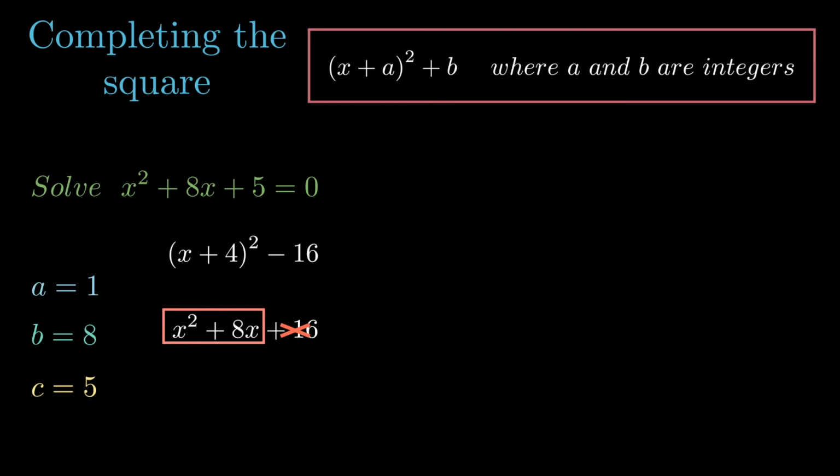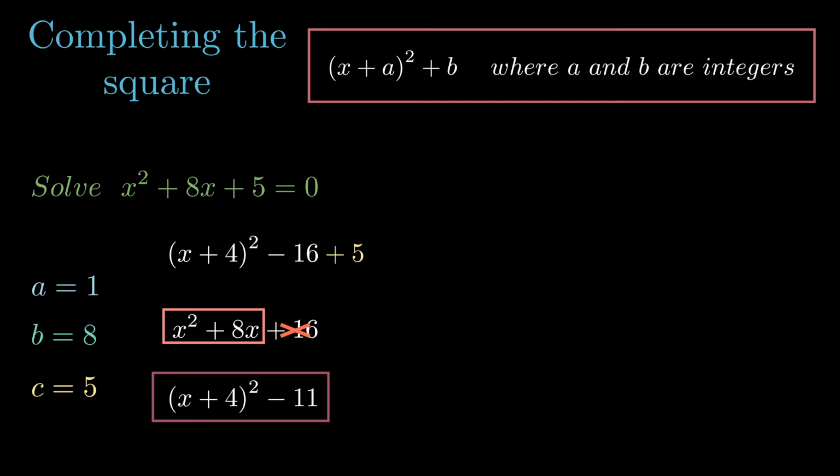So minus 16 and plus 5 from the c. That gives us our final answer, which will be (x plus 4) squared minus 16 plus 5, which is minus 11, and we have completed the square. a is equal to 4 and b is equal to minus 11.